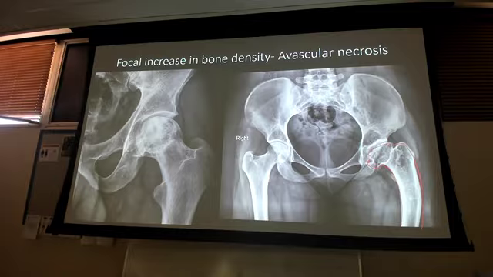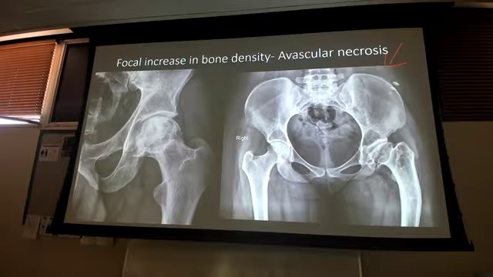There's no bone there to support that, so it eventually just collapsed on itself as that bone died. So you can see this is more focally increased as far as radiopaque compared to the other side, right? So when you have an abnormal pelvis x-ray, you compare one side to the other to help you see that stand out a little bit. Right there versus it's not that bright there, not as radiopaque.